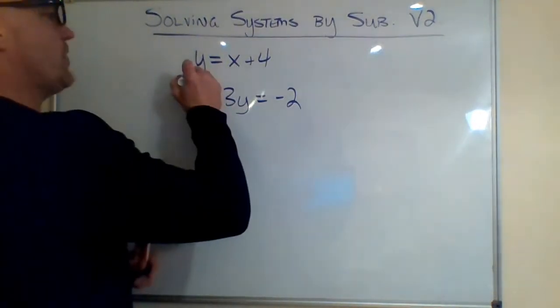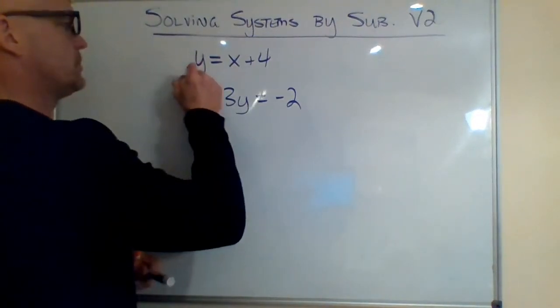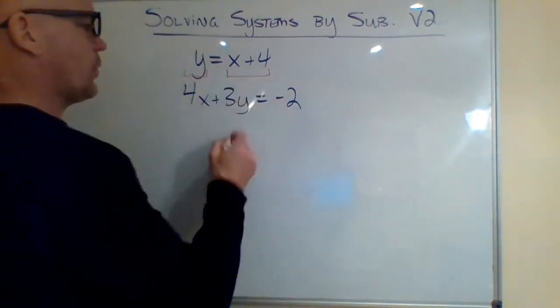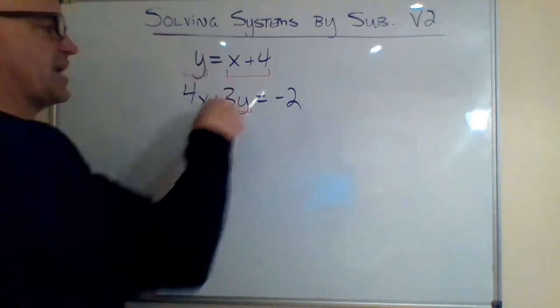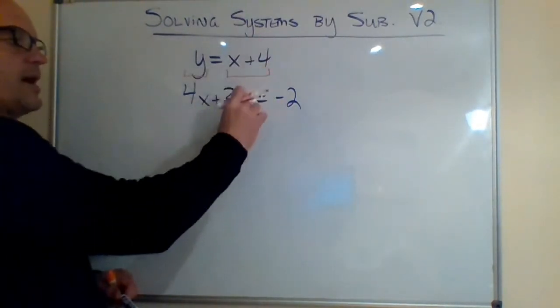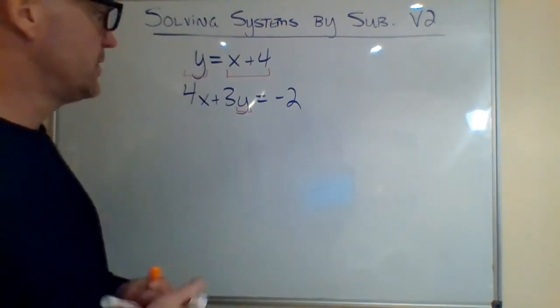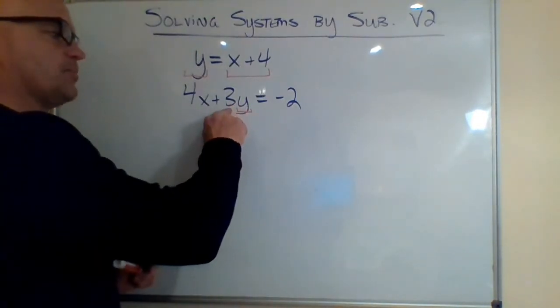Again, we know that this y equals x plus 4. We know that this y should have the same value at their point of intersection. So what I'm going to do is I'm going to take that x plus 4, I'm going to put it in there for y. One small caveat, though. Keep in mind, this y is being multiplied by 3.